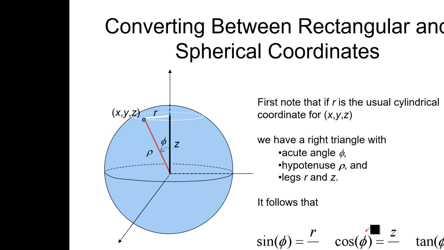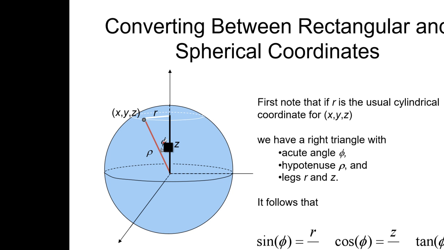So one thing is, you have sin phi is r by rho, cos phi is z by rho, tan phi is r by z. So how will you get this? Just imagine a right triangle where r is the distance of the point to the z axis.